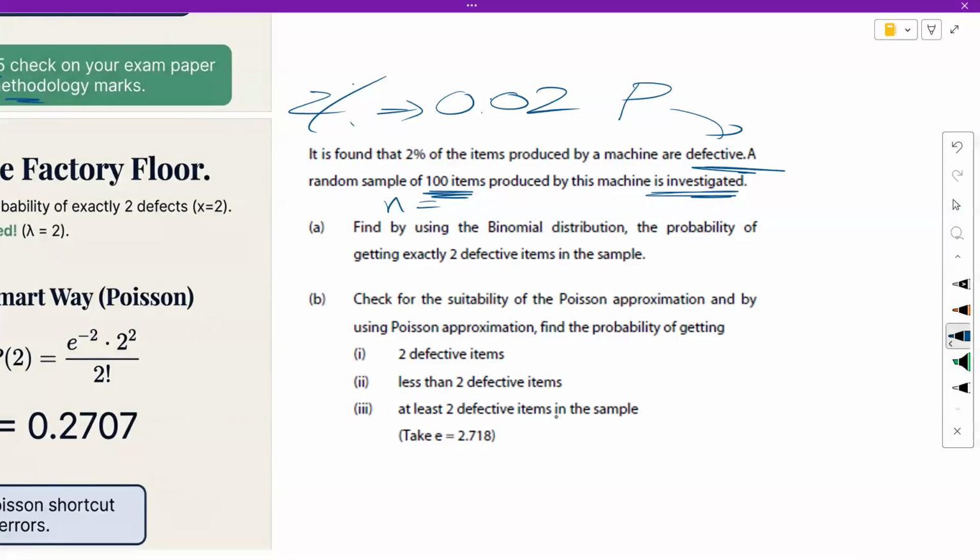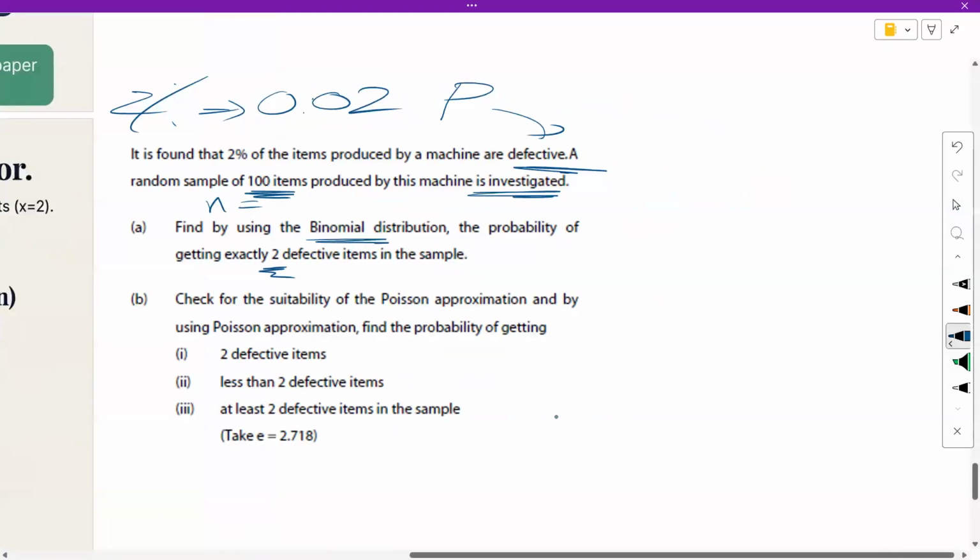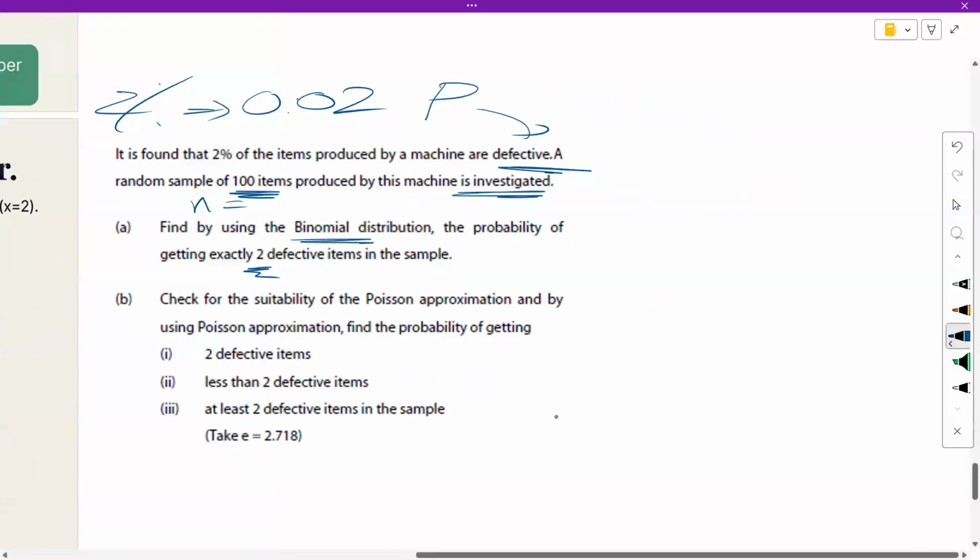Find, using the binomial distribution, the probability of getting exactly two defective items. We know the formula. So this is actually a binomial distribution. Why? It has two outcomes: defective and non-defective items. We know the probability of a defective item on average is 2%.